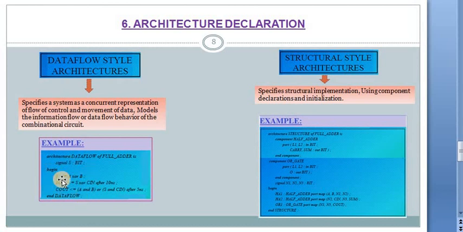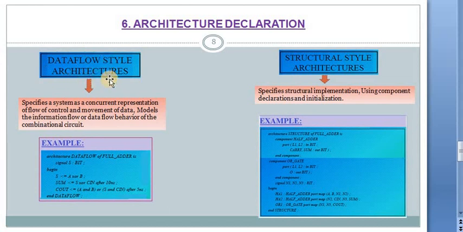As you see, the S computes the logical A XOR B, and then sum and C out are calculated after that. And after this, the architecture data flow is closed. So in this way, this data flow style of architecture is declared as per the VHDL code.